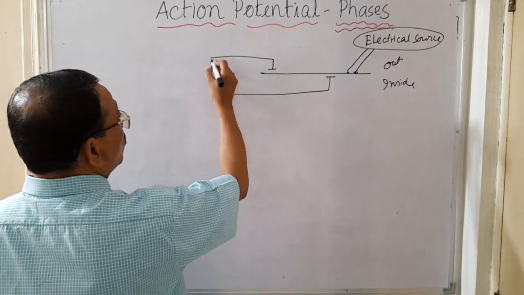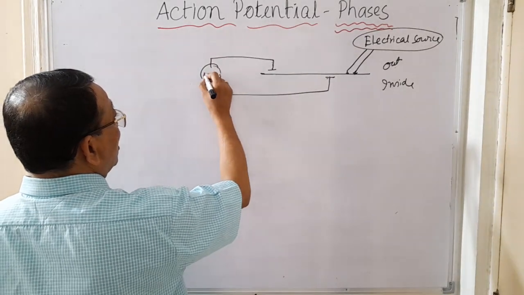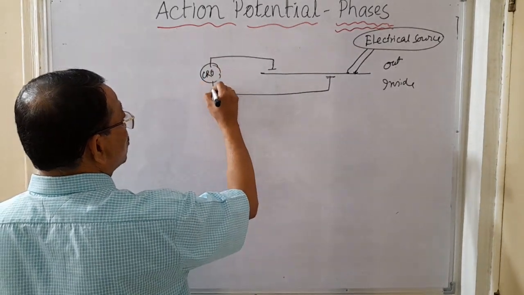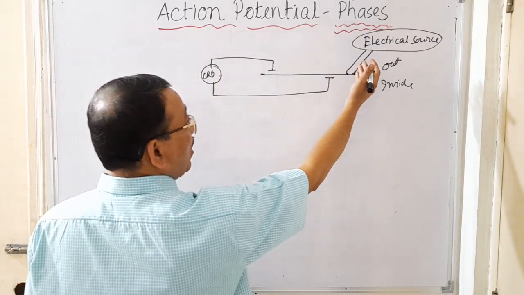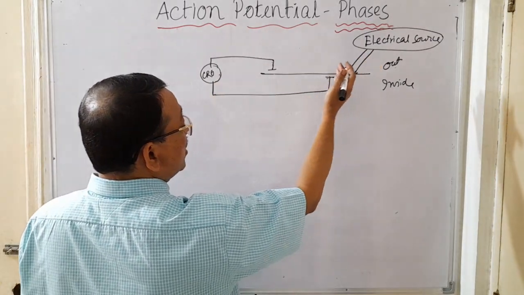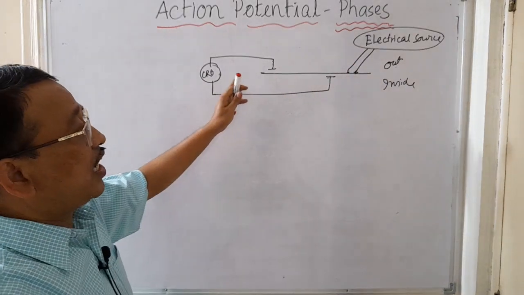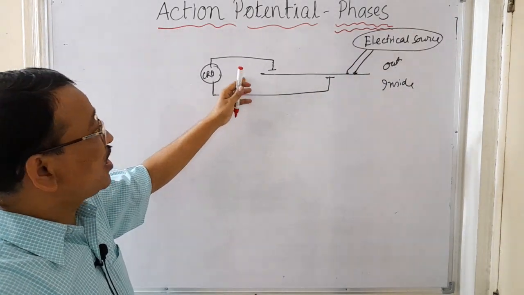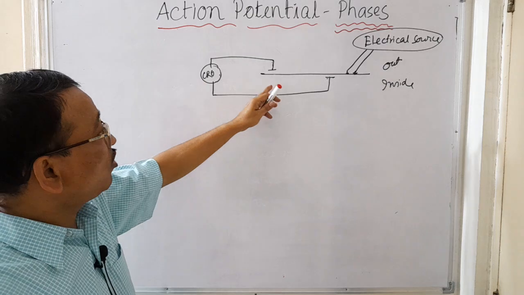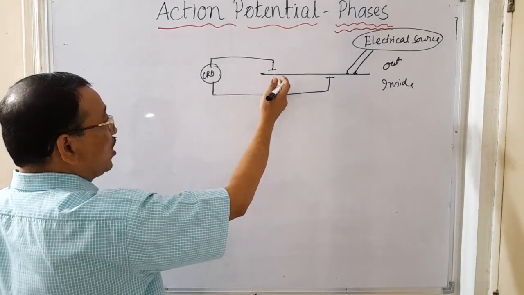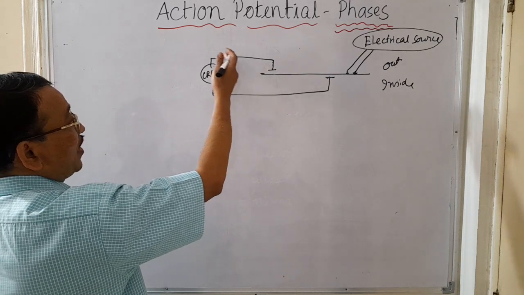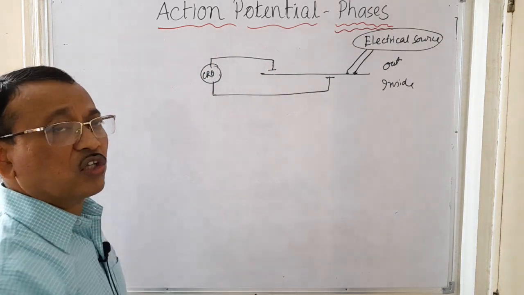These recording electrodes are connected with the cathode ray oscilloscope. So the stimulus is applied at this end, and whatever changes are initiated across the membrane will be detected with the help of the recording electrodes, which are connected with the cathode ray oscilloscope.